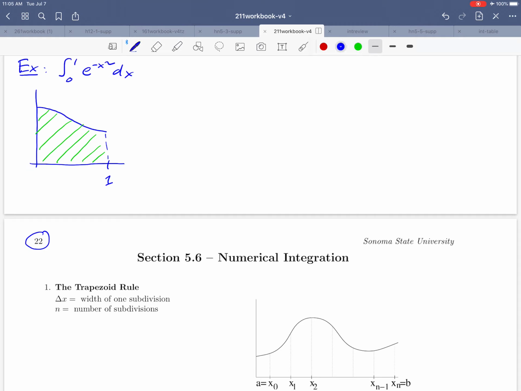Now, why might we want to do that? Well, there's something special about the function e to the negative x squared. If any of you have ever taken a probability or a statistics class, you might know that this kind of a function comes up when you talk about probability distributions.